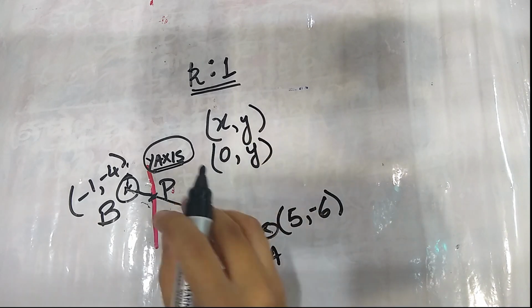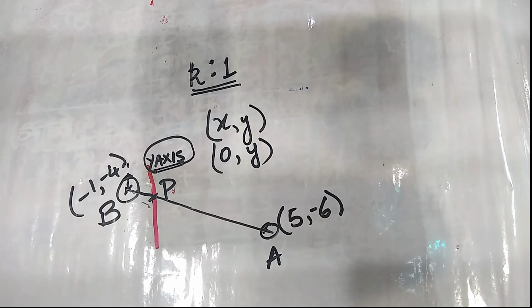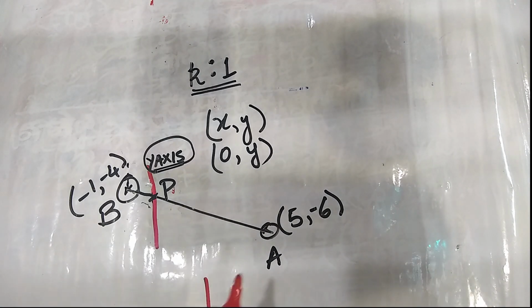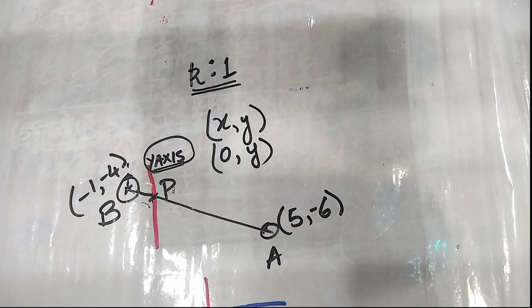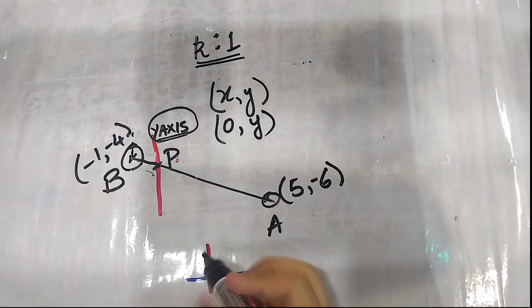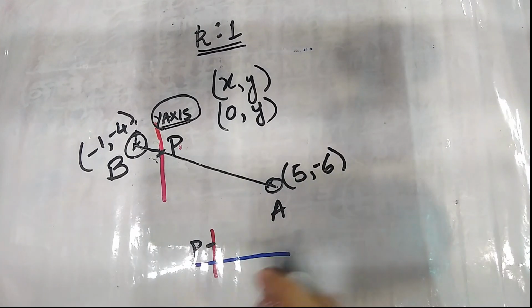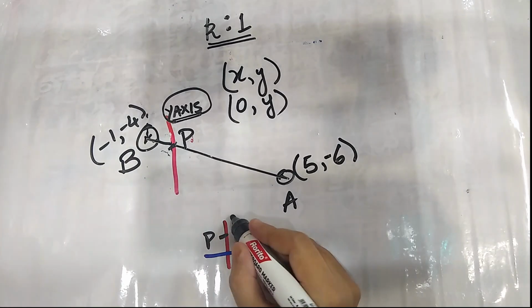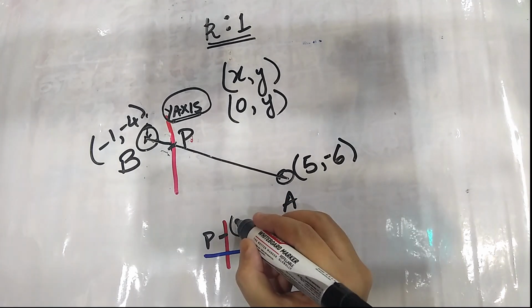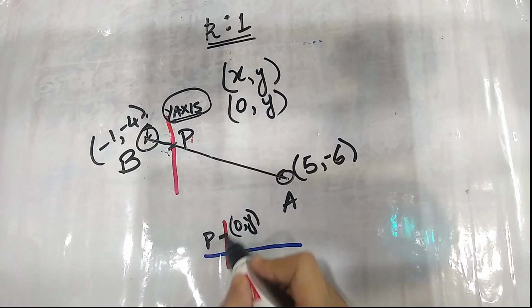Why? Because if a point lies on an axis, for example on the x-axis or the y-axis, its other coordinate will be 0. If there is a point P on the y-axis, then the coordinate will be 0 comma y, which means the x coordinate is 0.